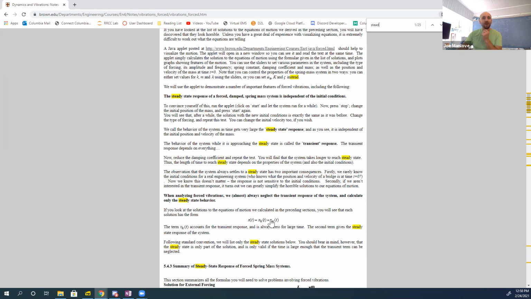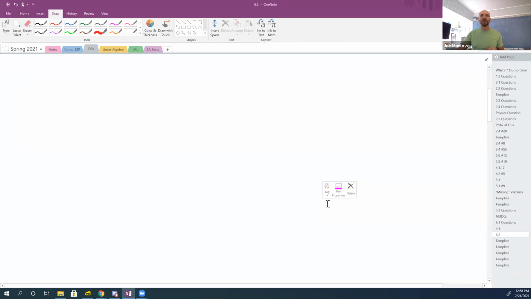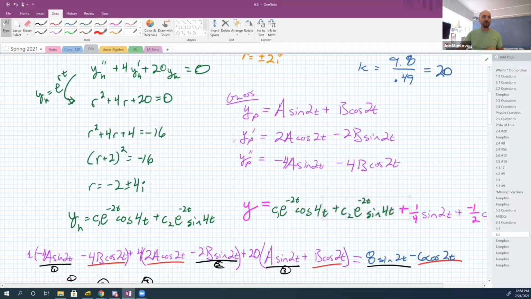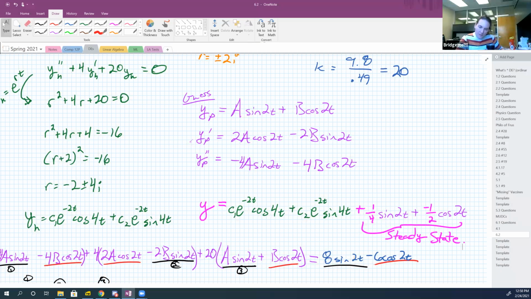So the second term being the particular solution. In the end here, they wanted just the steady state response, and so that is this guy. So we could have skipped doing the homogeneous portion.